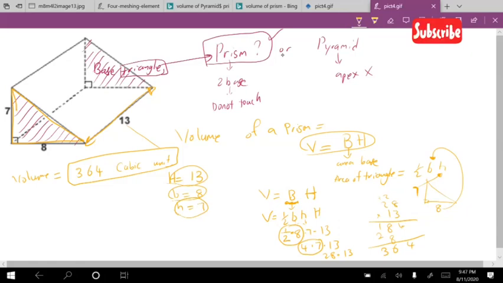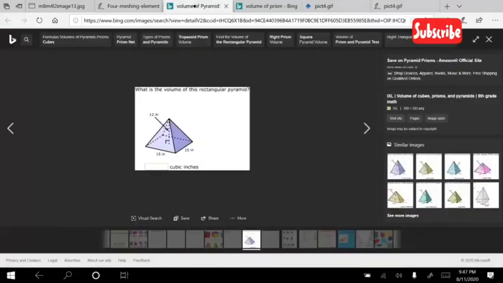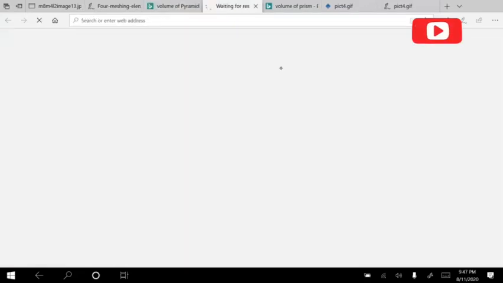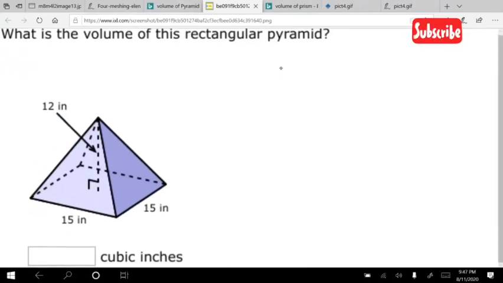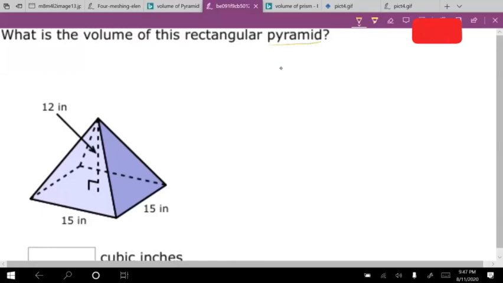Let's try one more. I hope we're not tired. Just need to practice. This is a prism. Let's try to practice the volume of a pyramid. So this is a pyramid. We were told, and we know it has an apex, and the base is directly across the apex, and the height of the pyramid is 12, the distance between the apex and the base.